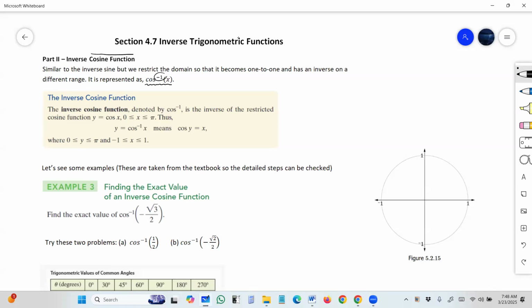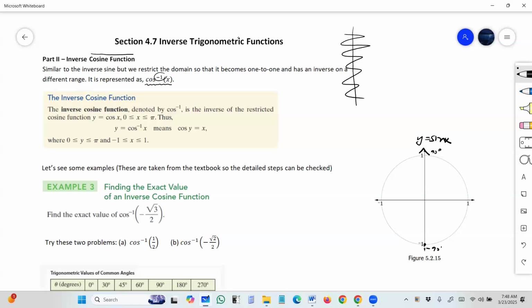Now, on the unit circle, you remember the y-axis is for sine, and the sine inverse ranges from negative 90 degrees to positive 90 degrees. In order for us to get the cosine inverse to be a function, we again have to restrict the domain, because the inverse sine and cosine look like this, and they have multiple failures of the vertical line test.